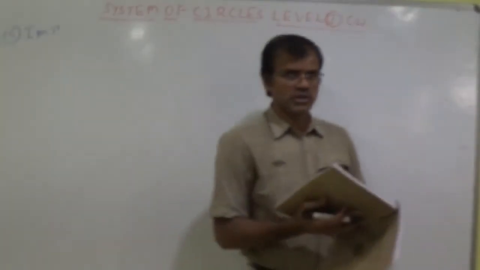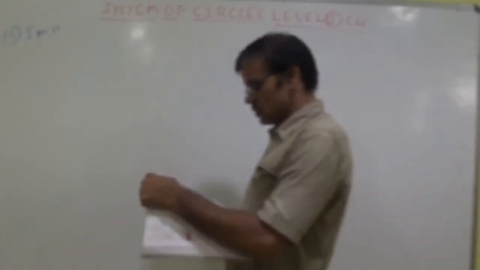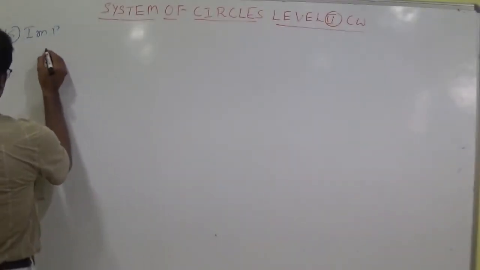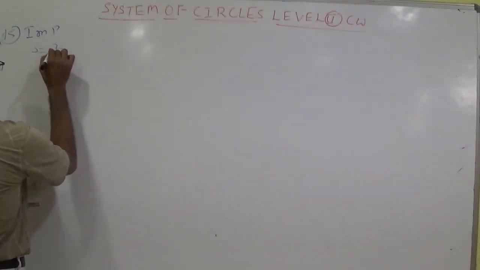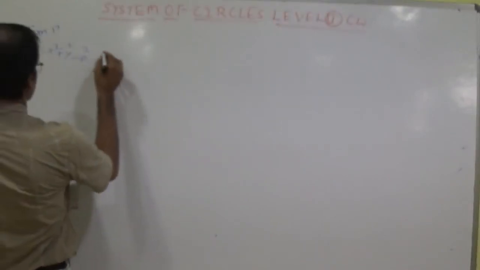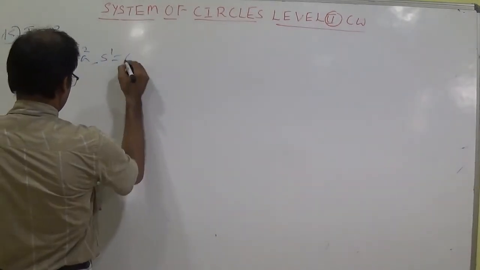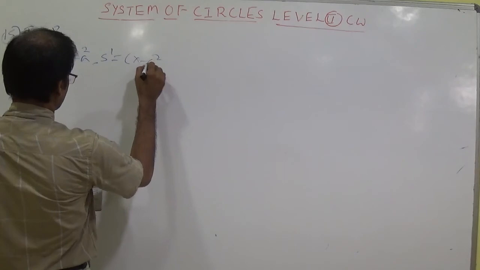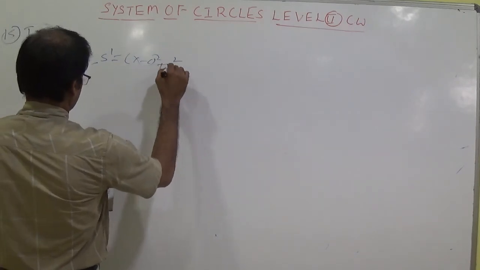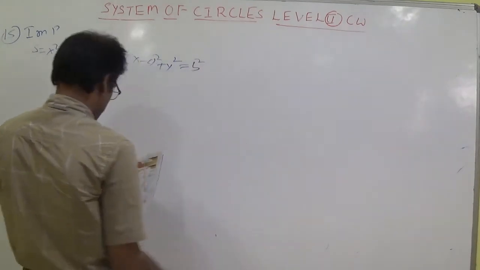Let us write the circles: x square plus y square is equal to a square, and another circle, x minus c whole square plus y square is equal to b square.